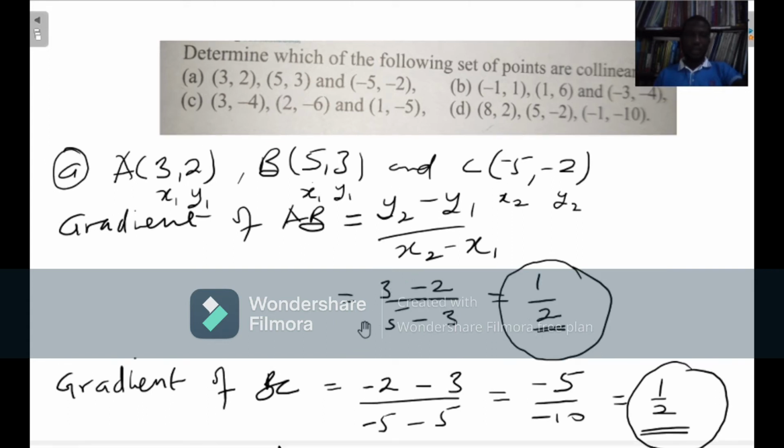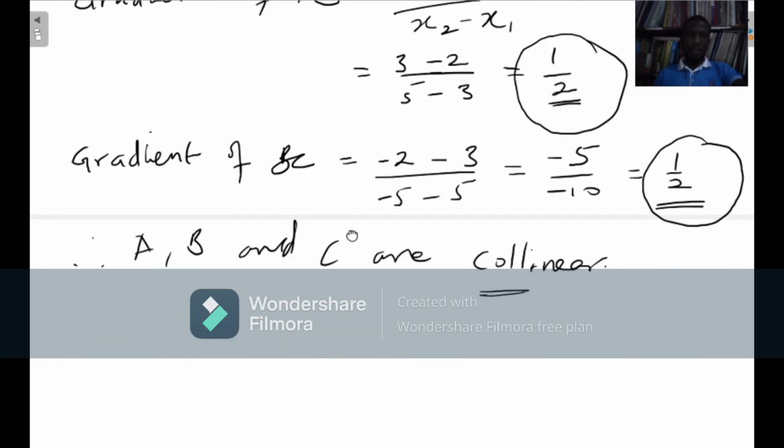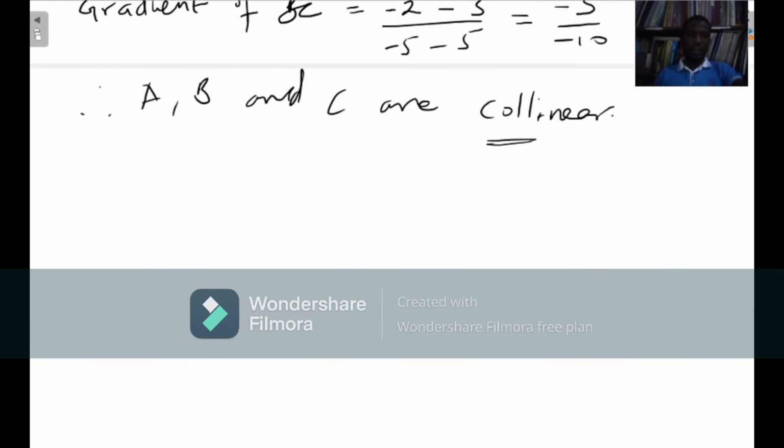After working, you see that the 3 points for B are collinear because you are going to have the gradient of the first 2 points to be 5/2 and the gradient of the second and the third point also being 5/2.